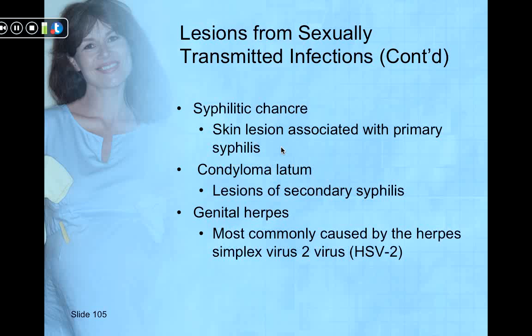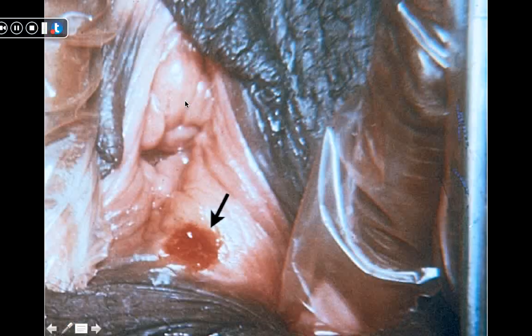You can see genital herpes, most commonly caused by the simplex 2 virus, but can be caused by simplex 1 virus as well, with oral sex. And same thing with lesions on the mouth, not always type 1, they can be type 2 as well. Causes painful blisters, outbreaks of that in the genital area.